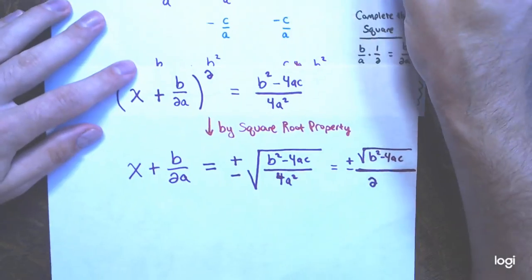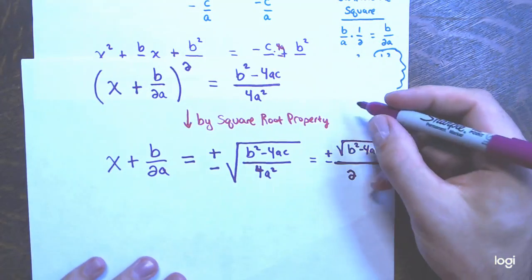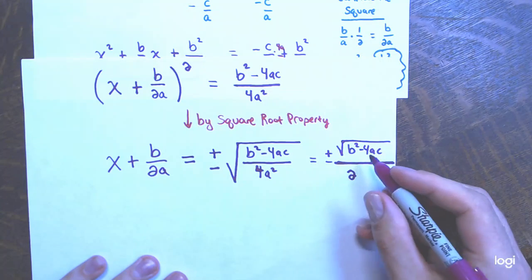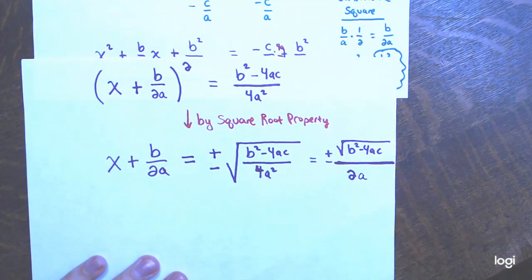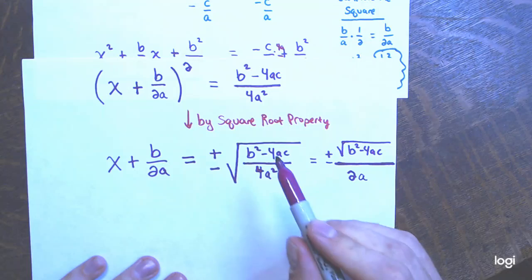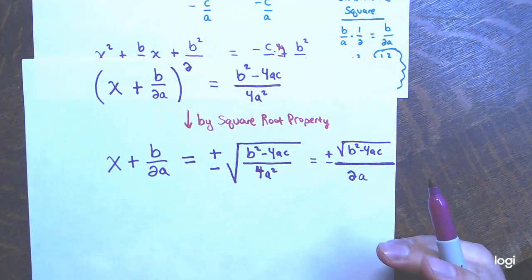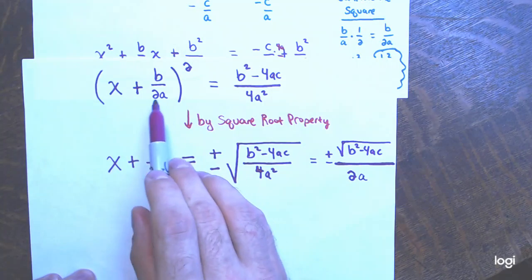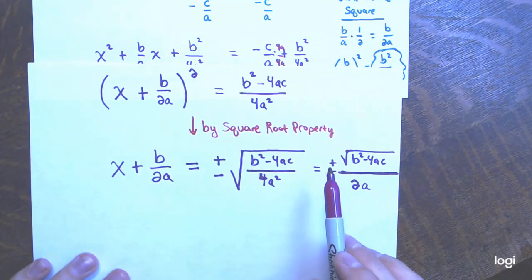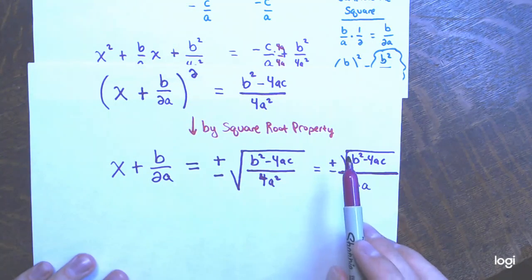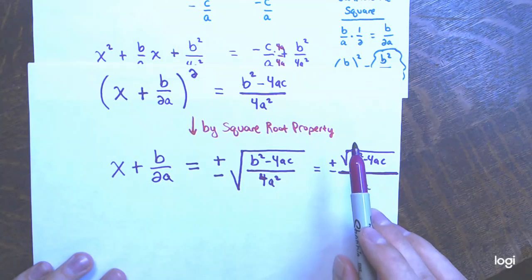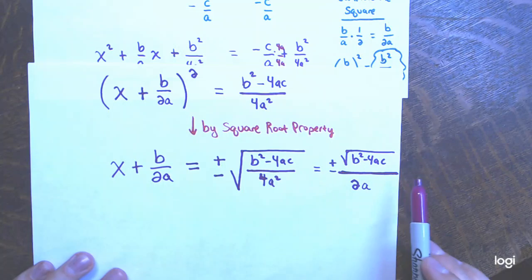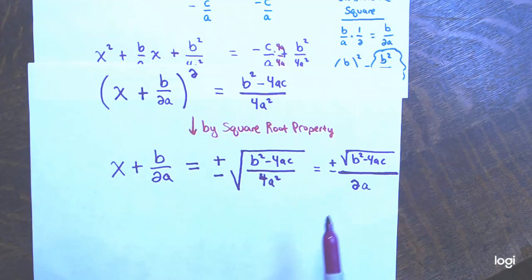So we can assume that a is positive here and say that the square root of a squared is simply a instead of the absolute value of a, because remember, this square root symbol means give me the non-negative square root. All right, so this x plus b over 2a is either positive or negative this fraction, the square root of b squared minus 4ac, all in the numerator, then divided by just 2a in the denominator.